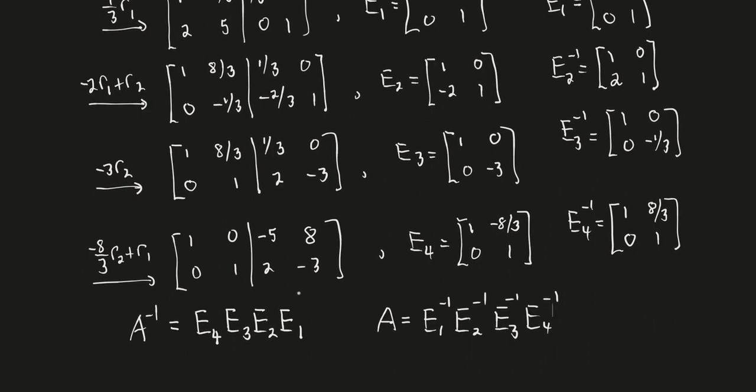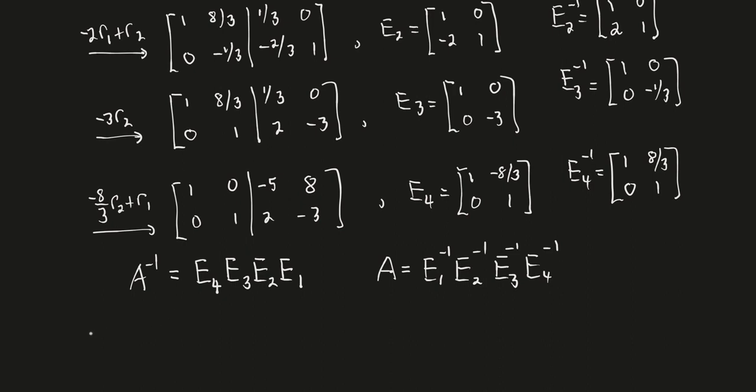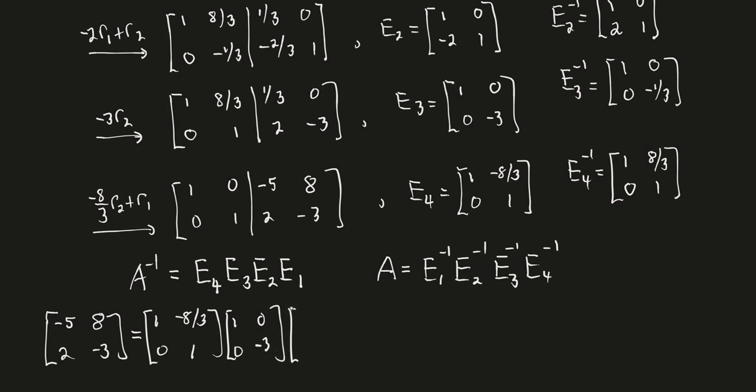So using our matrices here, so then here is the first factorization, so -5, 8, 2, -3, that's equal to my E4, which is 1, -8/3, 0, 1, times E3, which is 1, 0, 0, -3, times E2, which is 1, 0, -2, 1, and then finally E1, which is our 1/3, 0, 0, 1, right?